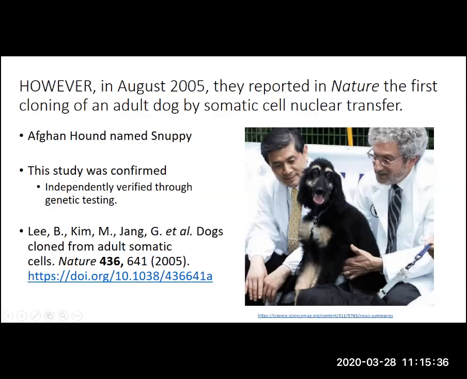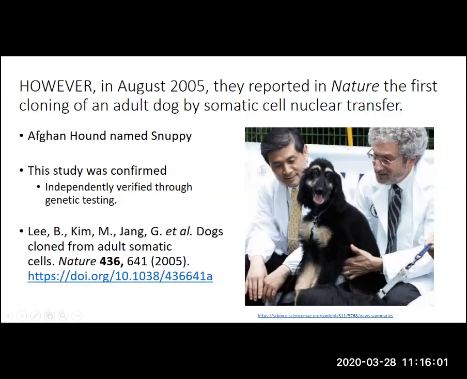The dog, this Afghan hound named Snuppy, was created in the way that we talked about before. They took somatic cells from an adult donor, took the nucleus, put it into an enucleated dog ova, allowed it to develop, put it into a surrogate mother, and Snuppy was born.